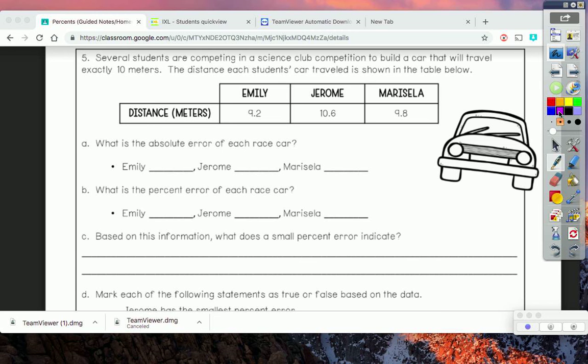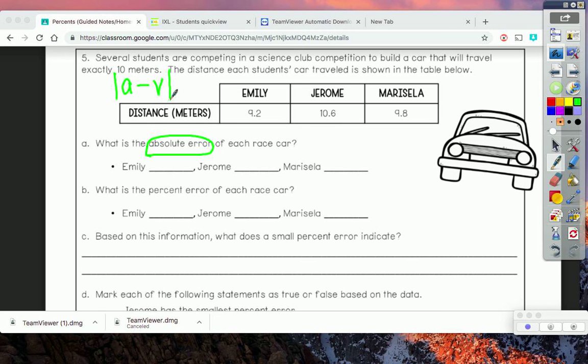The approximate or acceptable value is what you got, what you ended up with. For this one, we're going to start with Emily, and they're asking us to find the absolute error. Again, our equation is the absolute value bars and what you got minus what you should have gotten, the maximum or correct amount.